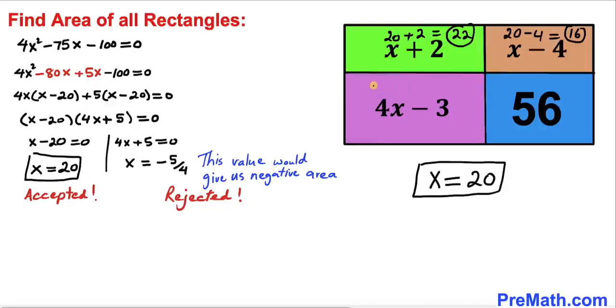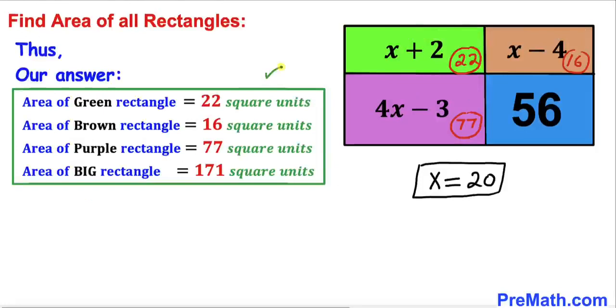For this purple rectangle it is going to be 4 times 20 minus 3 equal to 77 square units. And here's our complete answer. And as you can see, for this big rectangle, the area is going to be the sum of all these individual areas. If we add them, it's going to become 171 square units.